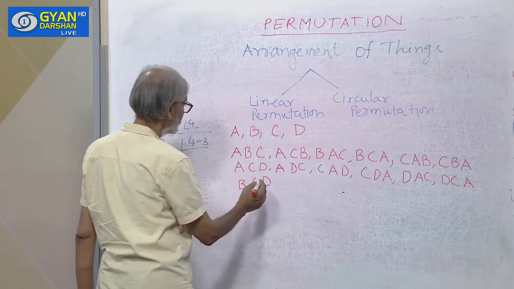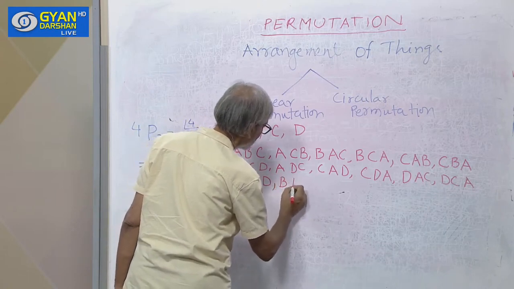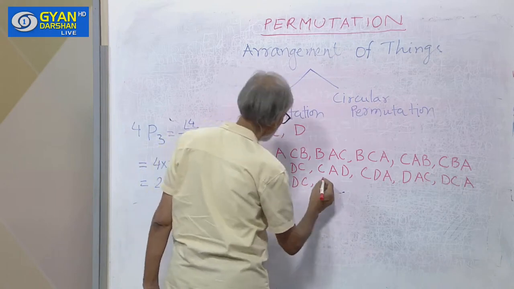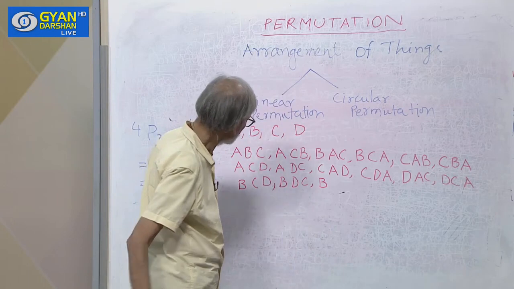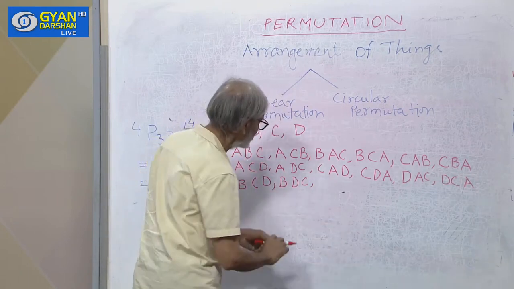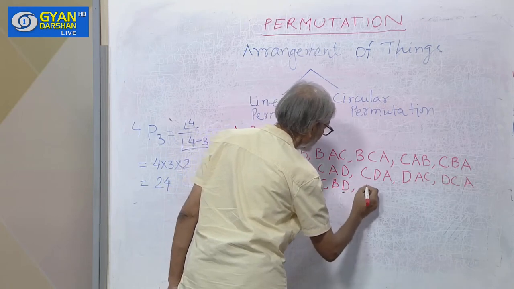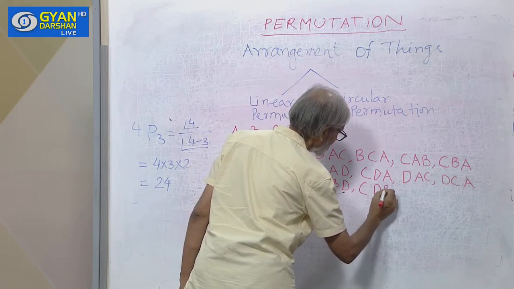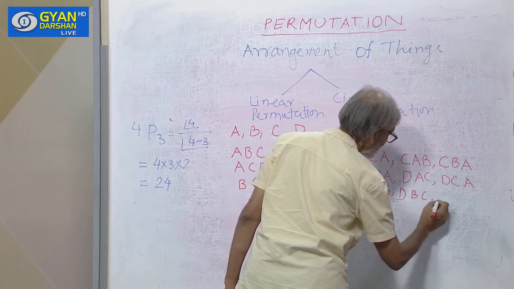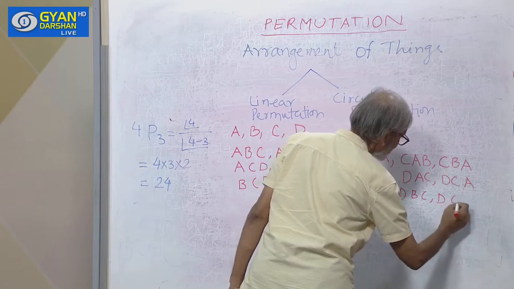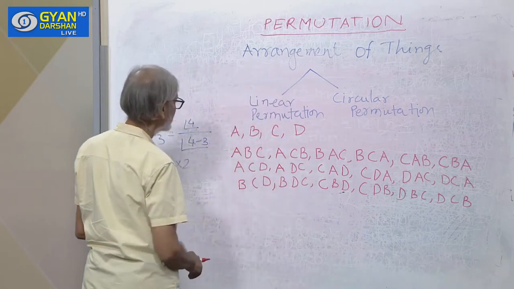Now, here also B, C, D, then B, D, C, then C will come first: C, B, D, then C, D, B, then D, B, C, and D, C, B. So, these are the 6 permutations.